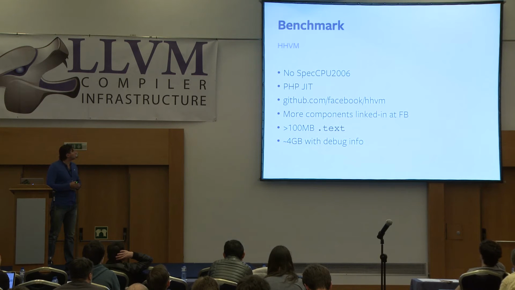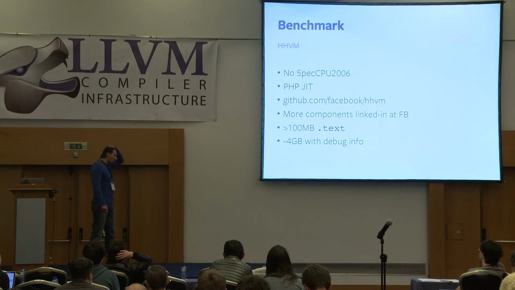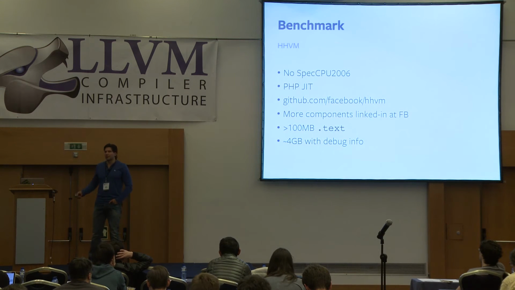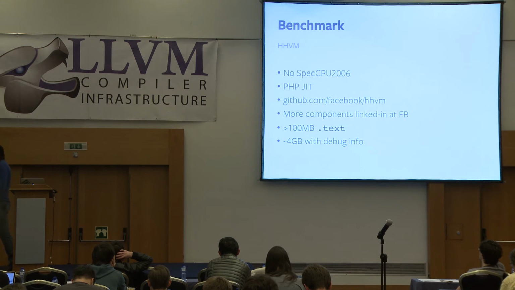We are not actually interested in SPEC. SPEC is quite small compared to the binaries that we run at Facebook. And we didn't need a publication, so we just did HHVM. And there is a different set of binaries in my pipeline that are way more interesting than SPEC.